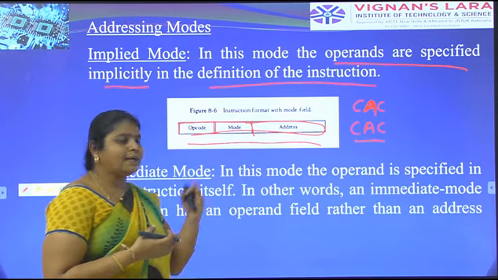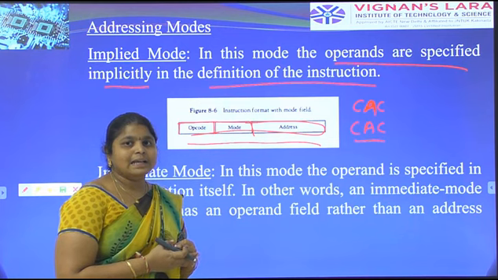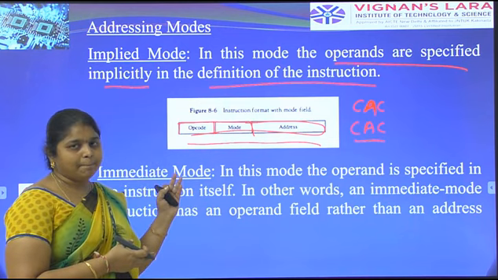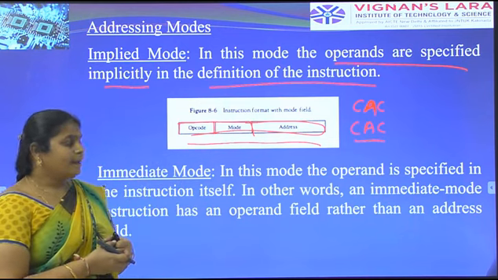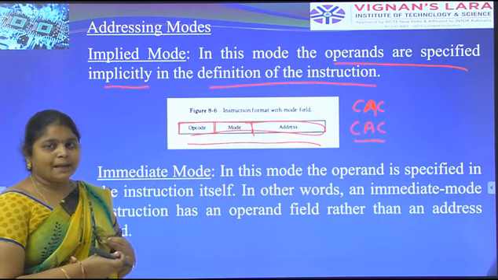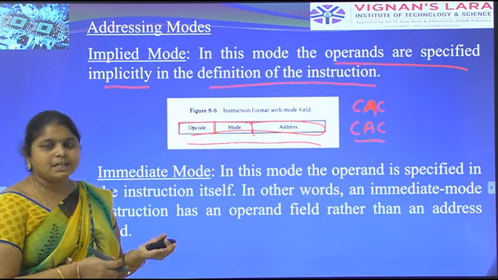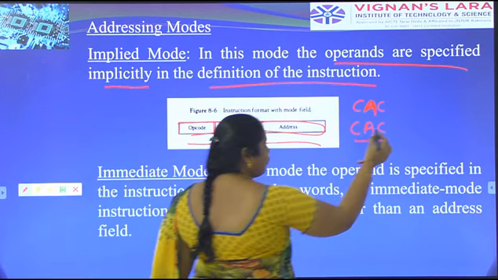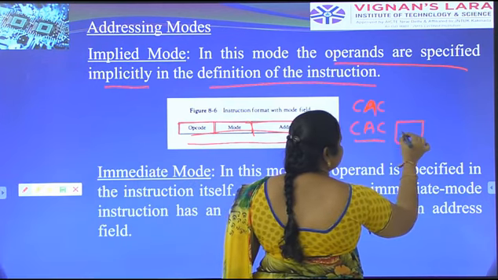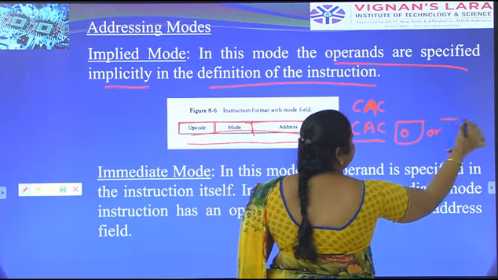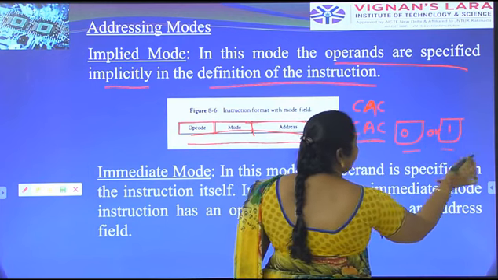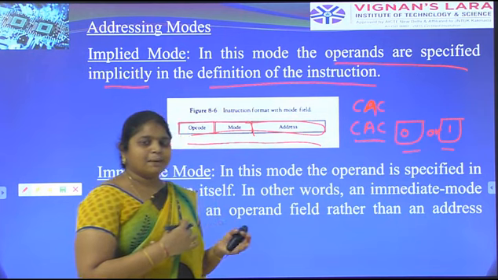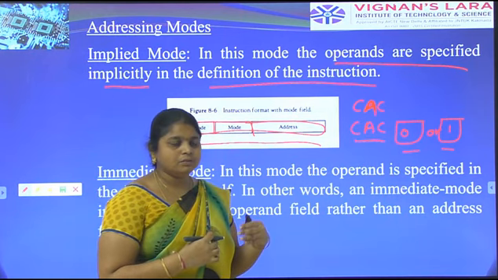The accumulator is one type of register, and it can be cleared using this implied mode. Complement accumulator means the content of the register, which is 0 or 1, is complemented, from 0 to 1 or 1 to 0.